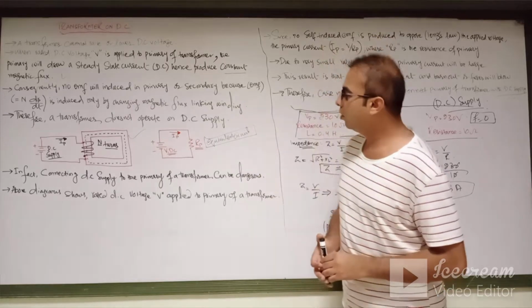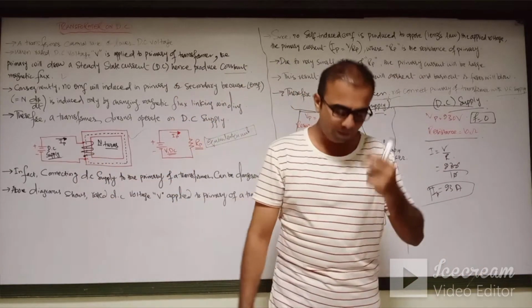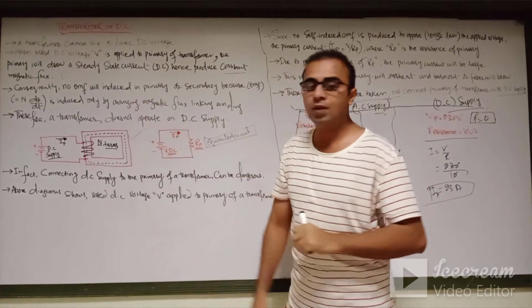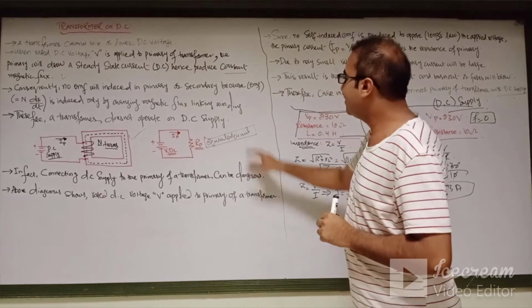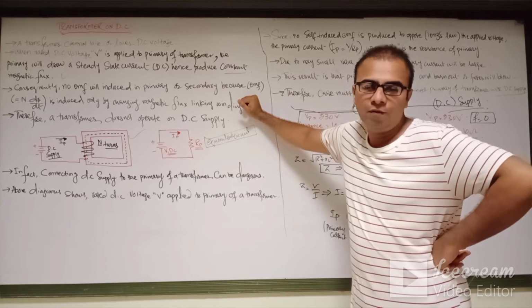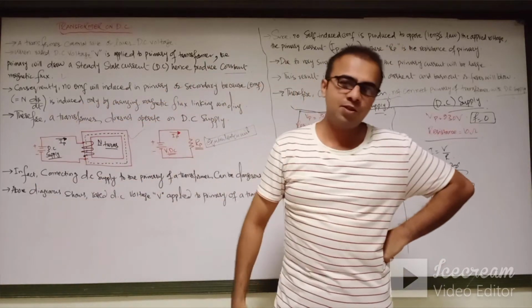So if you connect the DC supply to the primary side of the transformer, no induced EMF will be observed on the primary side or the secondary side, because for the production of EMF, the flux should change with respect to time.